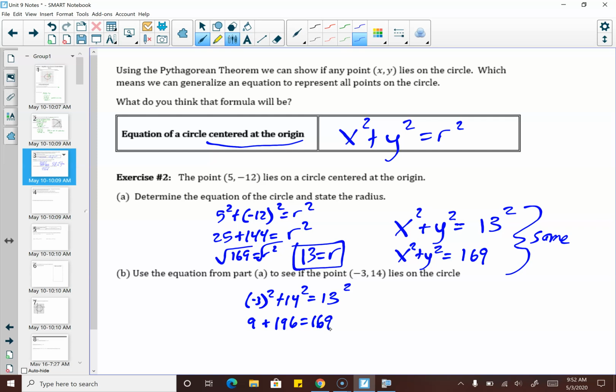So negative 3 squared is 9, 14 squared is 196, 13 squared is 169. Add these together, you get 205. 205 definitely does not equal 169. So the answer is no. (-3, 14) is not on our circle.